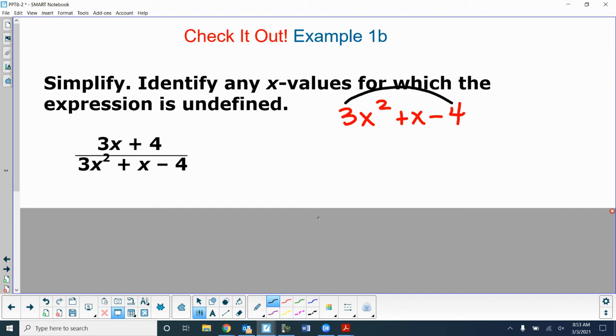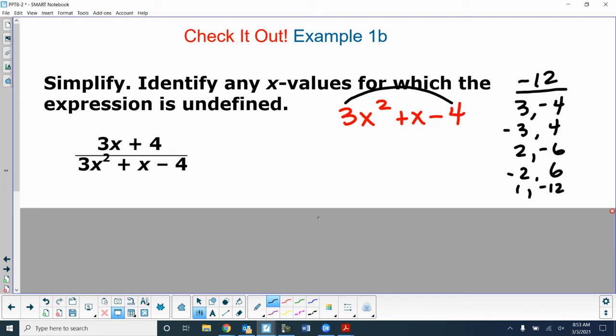What's 3 times -4? -12, okay? So we could use 3 and -4, or -3 and +4. We could use 2 and -6, or -2 and +6. We could use 1 and -12, or -1 and 12, right?